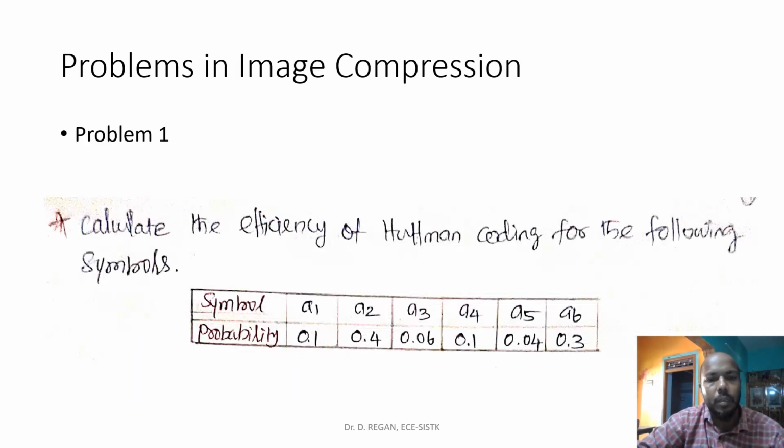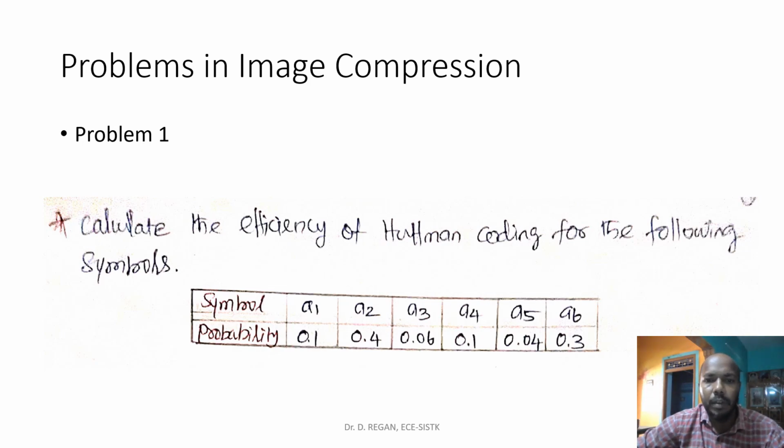See here I have given the problem. The problem is to calculate the efficiency of Huffman coding for the following symbols. So we are going to calculate the efficiency of the Huffman coding algorithm.